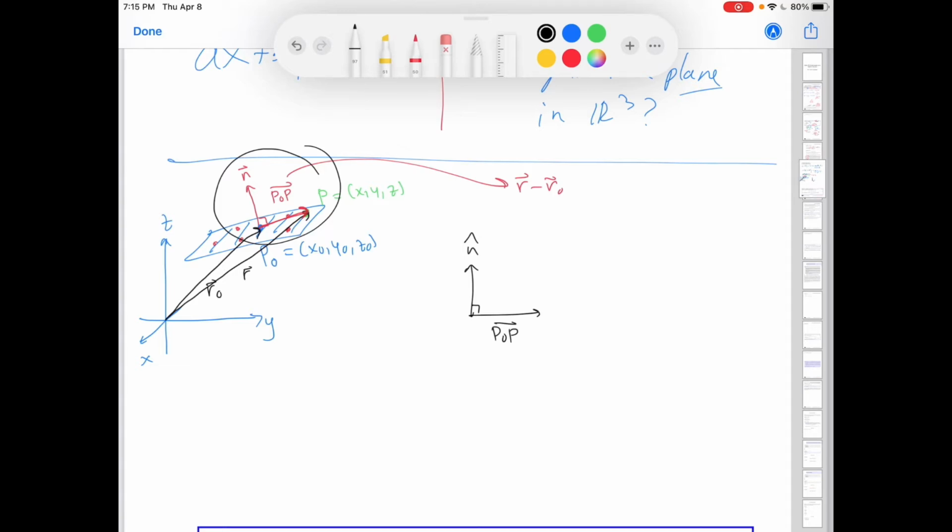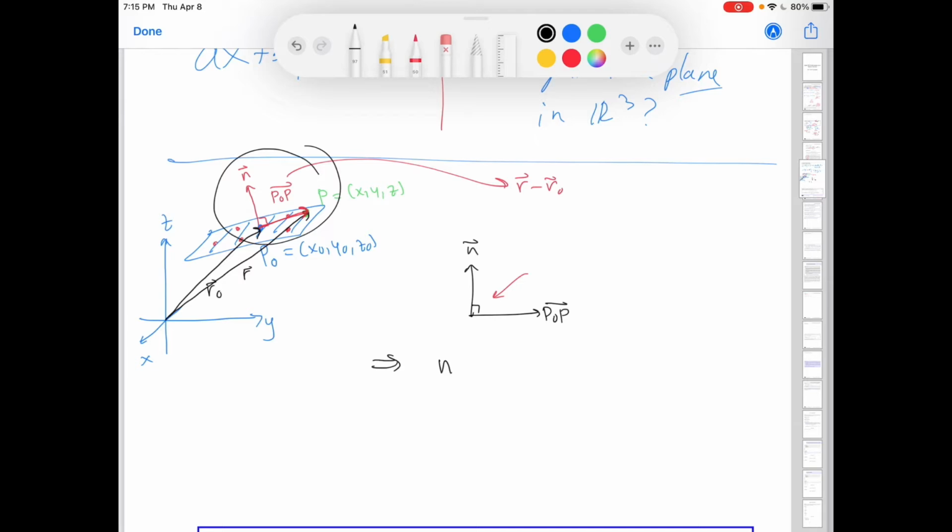We can now use what we learned about dot products. So these two vectors are perpendicular, right? That's what we saw from all these properties of points on a plane and the vector n being a normal vector. I inadvertently put a unit vector here.